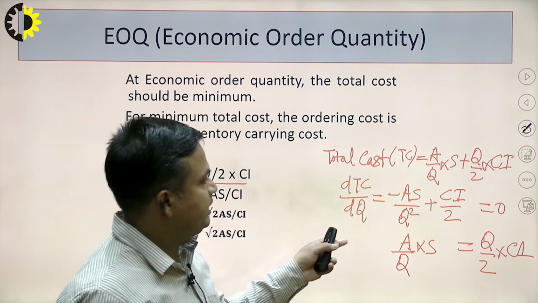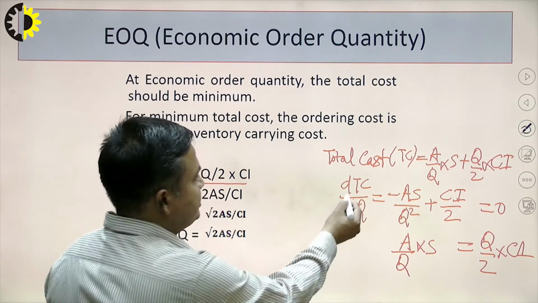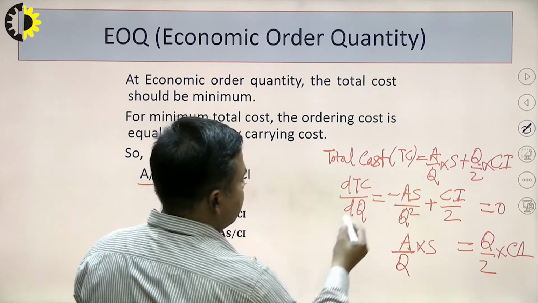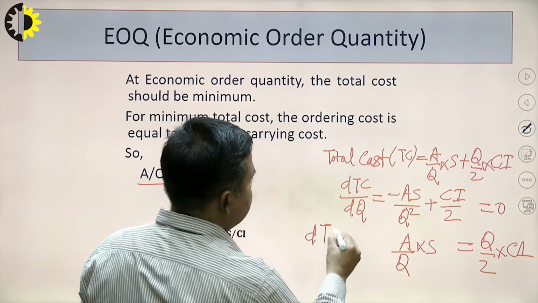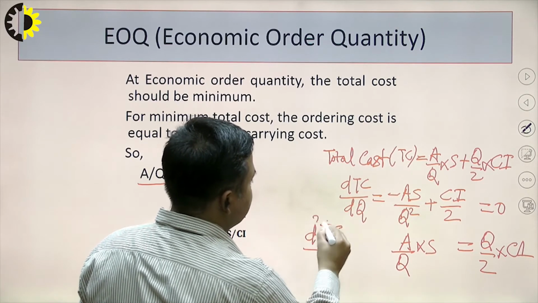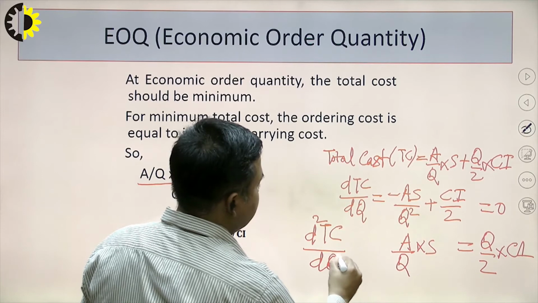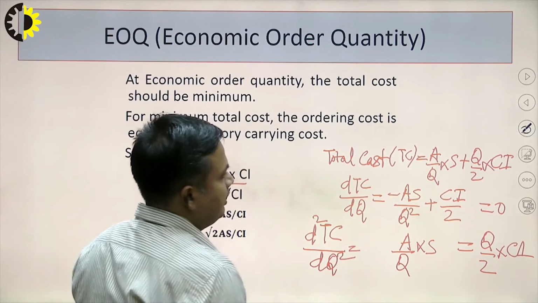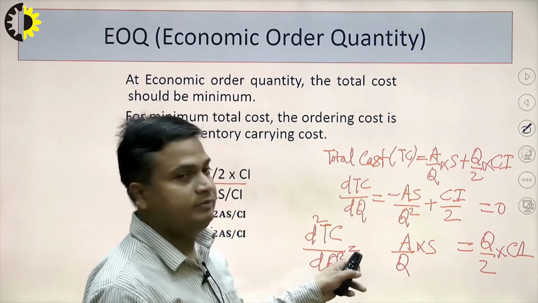Now, to check whether it is maximum or minimum, we again differentiate this equation, that is d2TC over dQ2, and we obtain a positive value.